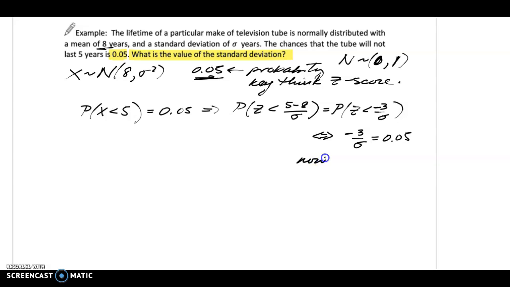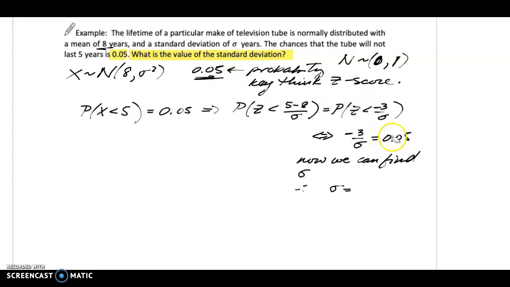Now we can find sigma. Sorry, it's not that.